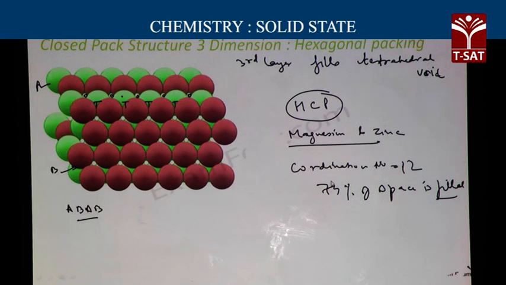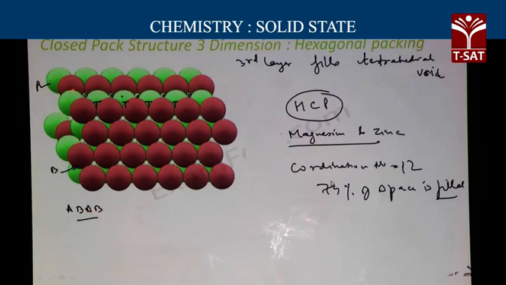See, here the T which is represented over there is a void. This is a void, is represented by T. So, how they are arranged? First layer, this is the second layer, again this is the first layer, this is the second layer. So, AB type of arrangement.